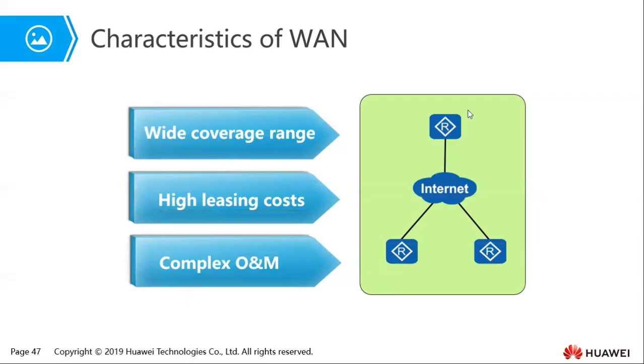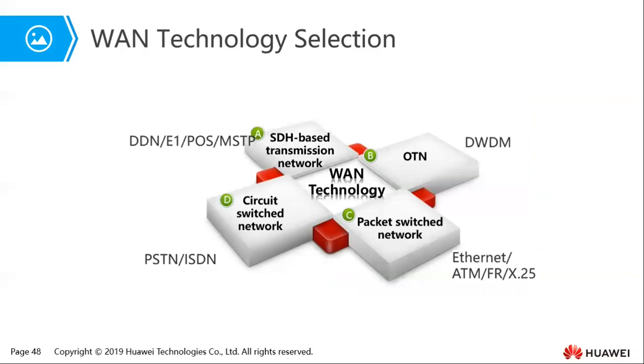Okay, so let's move on. These are some of the technologies that you can take advantage of when it comes to leased lines. One of them is called SDH, or synchronous digital hierarchy.